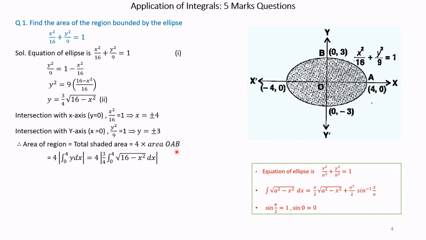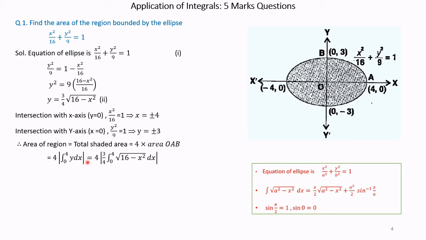Therefore, that is equal to 4 times mod of integral 0 to 4. You see here, x is varying from 0 to 4. Therefore, I will repeat, 4 times mod of integral 0 to 4 y dx.